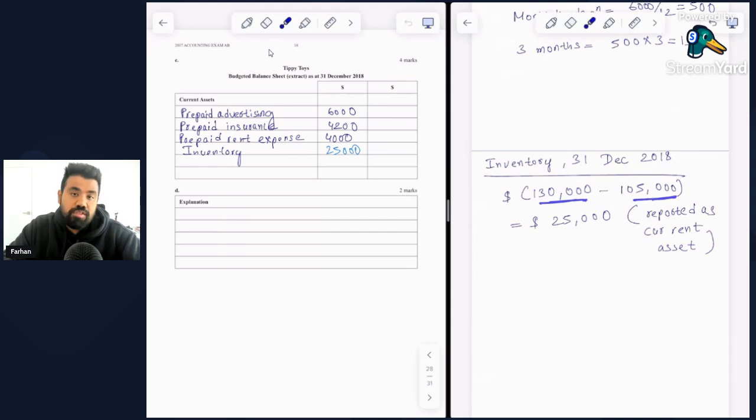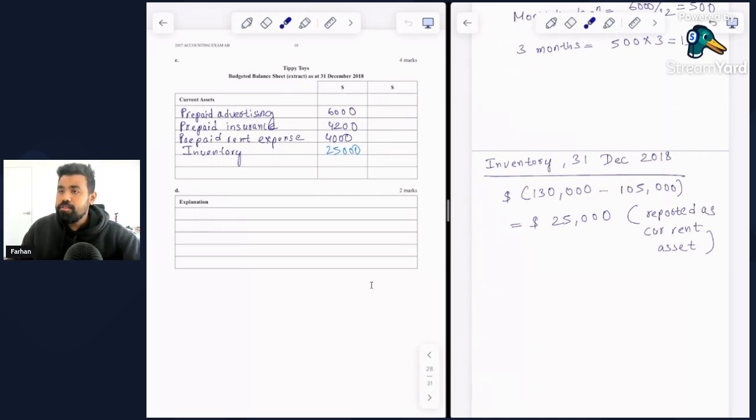So this inventory is not in the books anymore. So the difference between $130,000 in purchases minus $105,000, which refers to inventory that we have already sold, and we're left with $25,000 in inventory. So that's what we have included here. So you can add all of this and find the total current assets, but you're not really required to do that because, as you understand, we are preparing an extract.